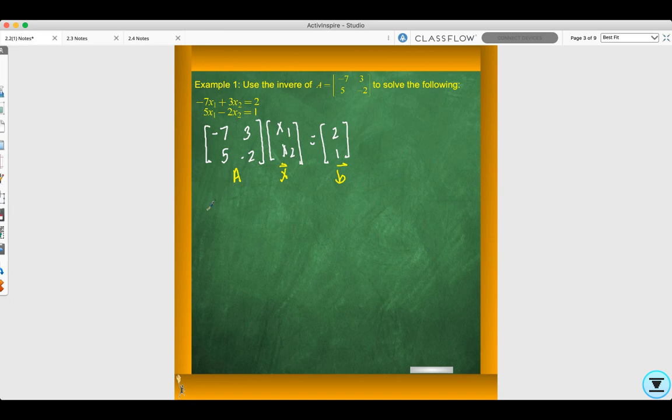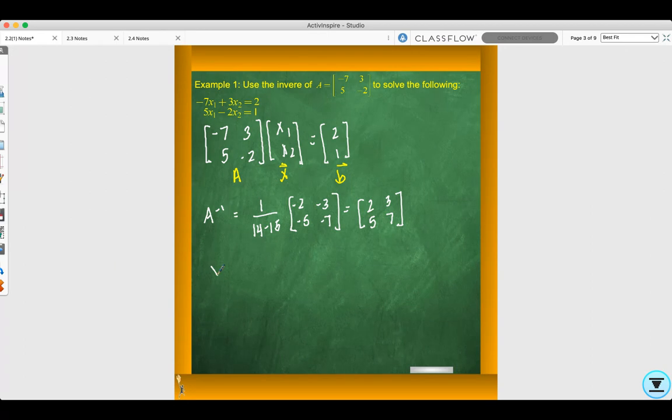So first we're going to find A inverse, which would be 1 over 14 minus 15 times negative 2, negative 5, negative 3, negative 7, which equals 2, 5, 3, 7, because this would just be negative 1.